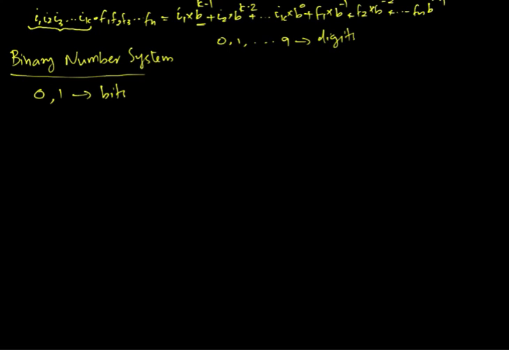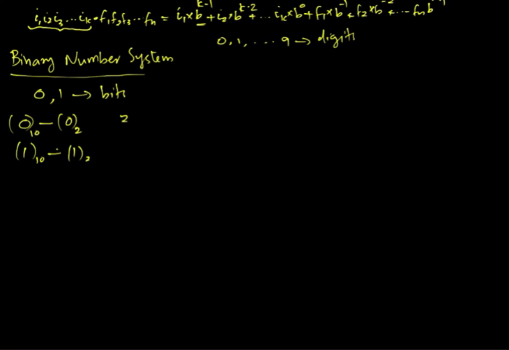Now if you consider 0 in the decimal number system, then the equivalent binary number will be 0 itself. Now if you consider 1 in the decimal number system, the corresponding binary number is also 1.